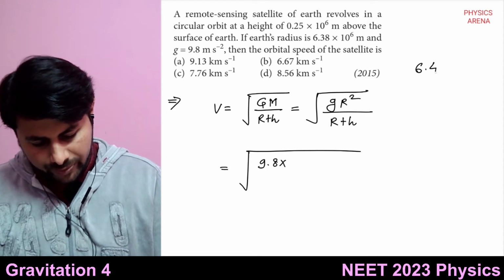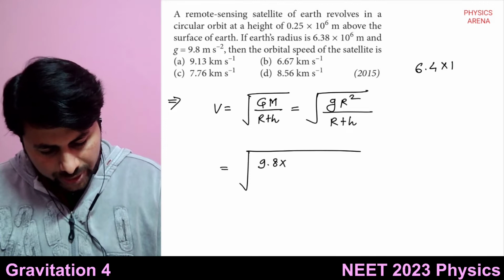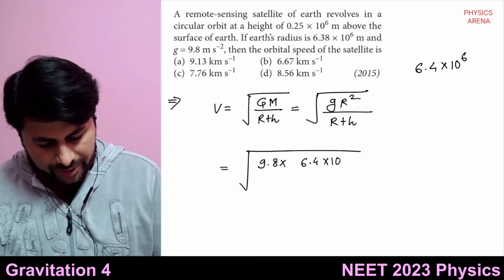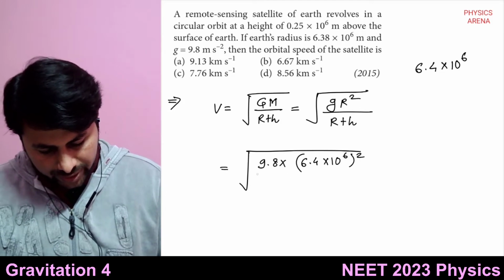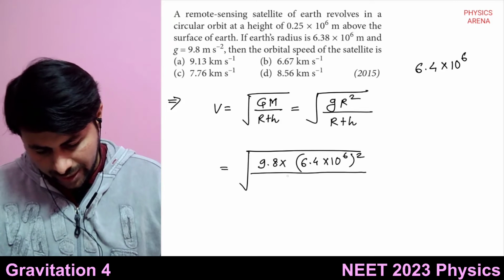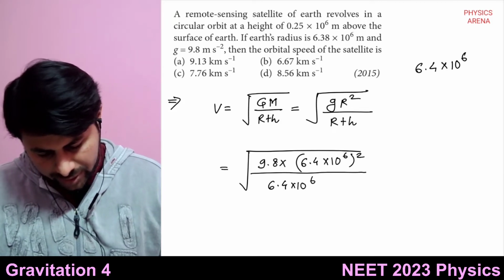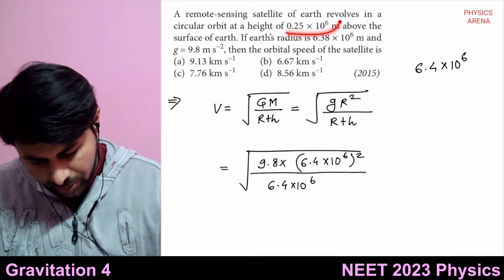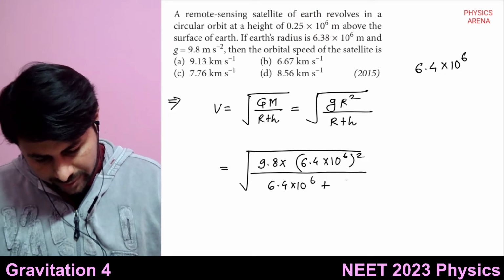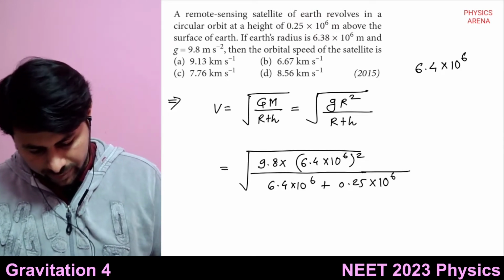R is 6.4, let's do a round figure, 6.4 into 10 raised to 6. So 6.4 multiplied by 10 raised to 6, squared, divided by R plus h. So R plus h is 6.4 multiplied by 10 raised to 6, and h is 0.25 into 10 raised to 6, so plus 0.25 multiplied by 10 raised to 6.